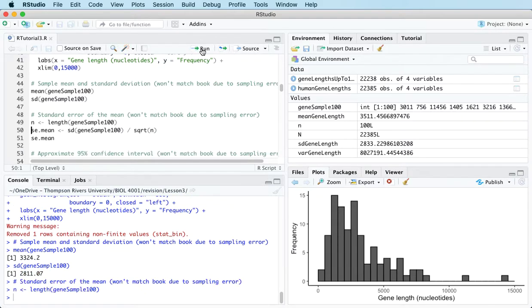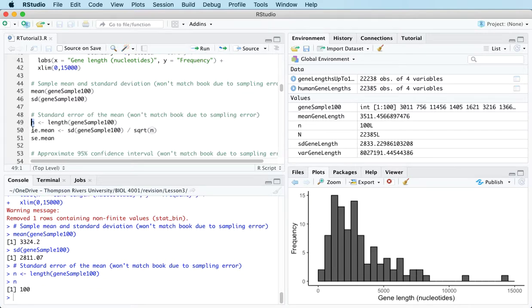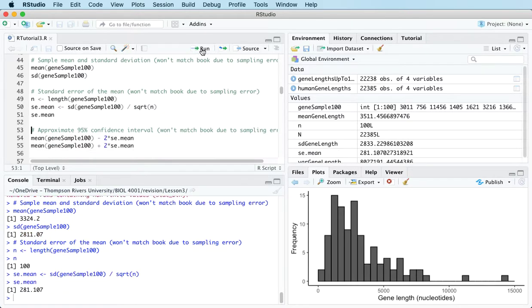So the sample size, in this case, is 100. So I calculate that standard deviation divided by the square root of 100, which is 10. So I'm going to get 281.107 for what's known as a standard error.